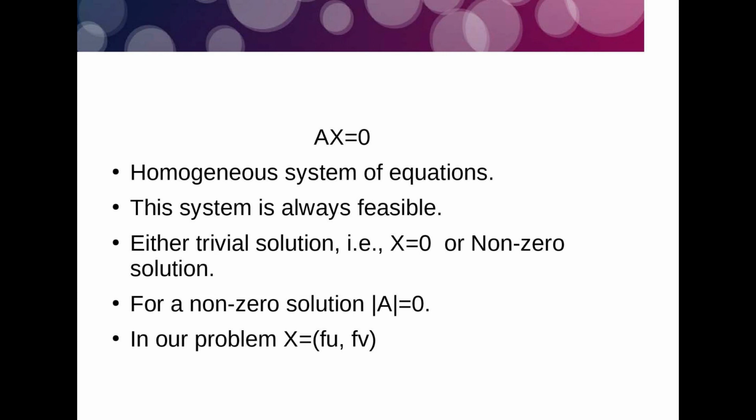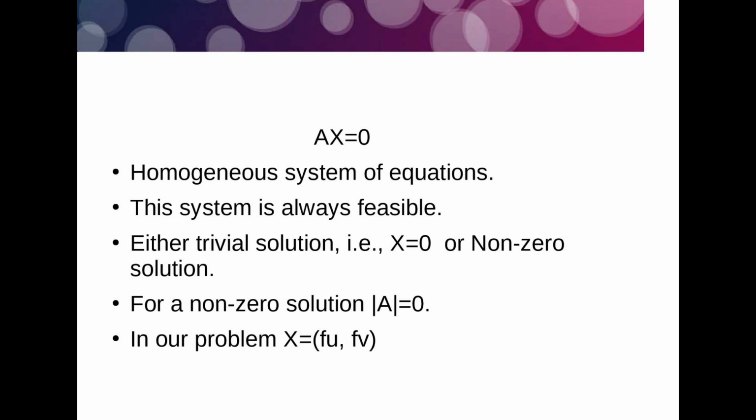So in the previous example, we were having two equations with x, y, p, q, z, and partial derivative of f with respect to u and with respect to v. So we can write down the coefficients of f of u and f of v in the form of matrix A, and we can take variable X as f of u comma f of v.